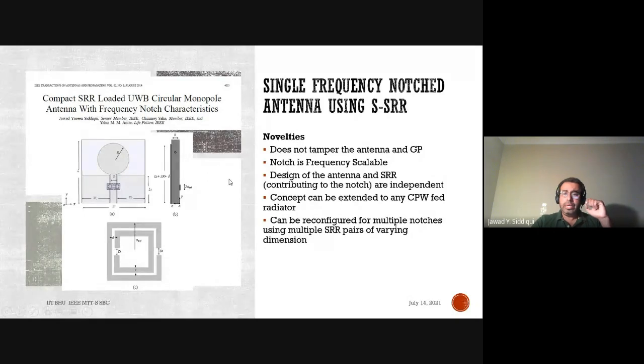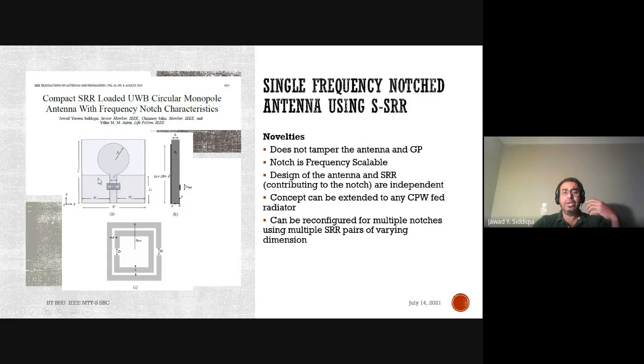These are sub-wavelength resonators, which provide a notch which is frequency scalable. The design of the antenna and the SRR contributing to the notch are independent. Irrespective of the geometry of the radiator, we have chosen a circular monopole antenna for the proof of concept, but this can be done with any geometry of the radiator.